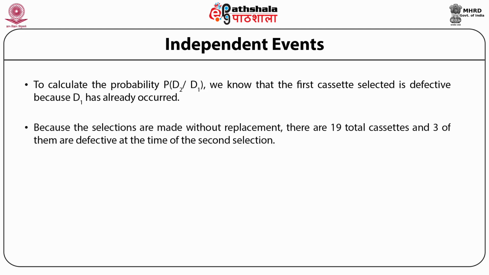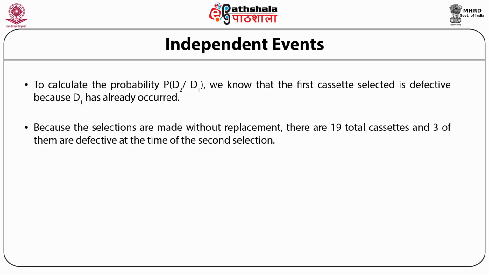Because the selection is made without replacement, there are 19 total cassettes and 3 of them are defective. One has already gone out at the time of second selection. Therefore, the probability of D2 when D1 has already occurred will be 3 by 19.